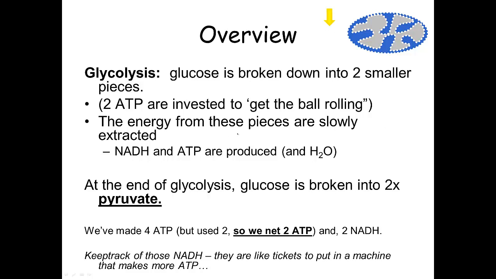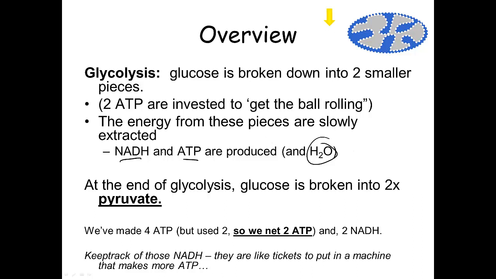The energy from these pieces, which we'll talk about later, is slowly extracted further. The energy from these 2 smaller pieces will be extracted and put into NADH and ATP. And of course a little bit of water is produced.